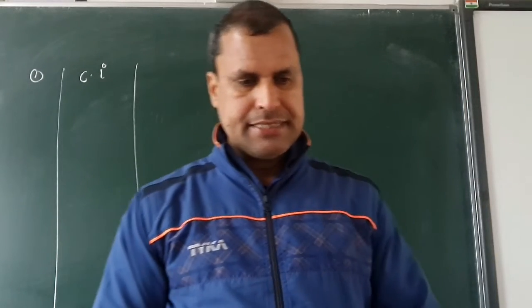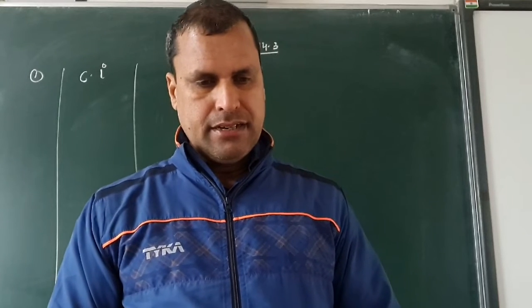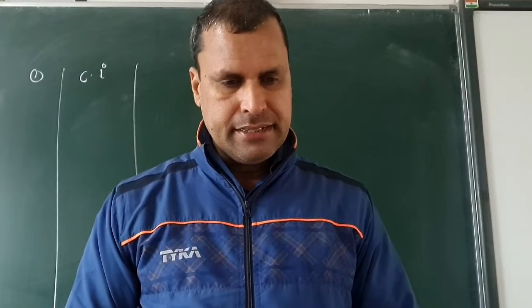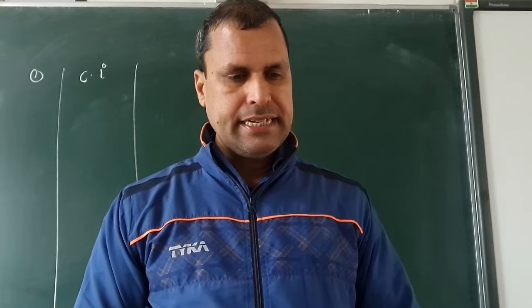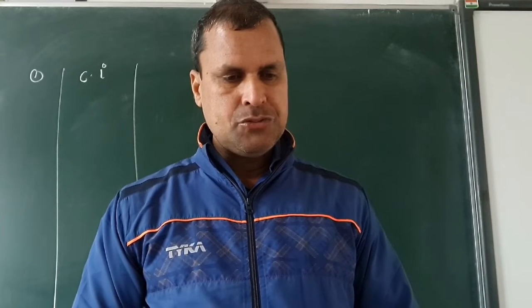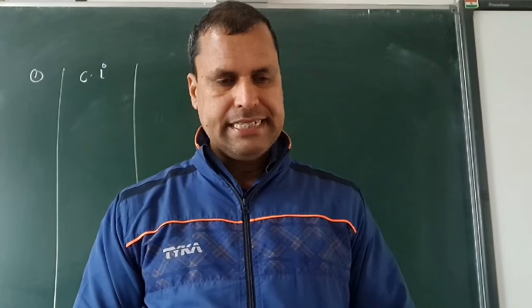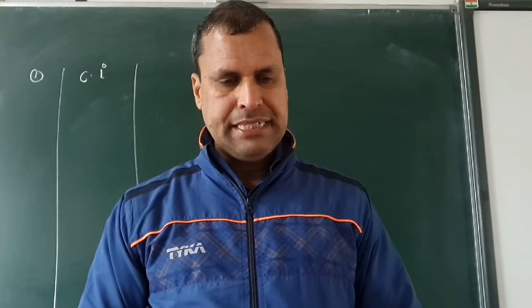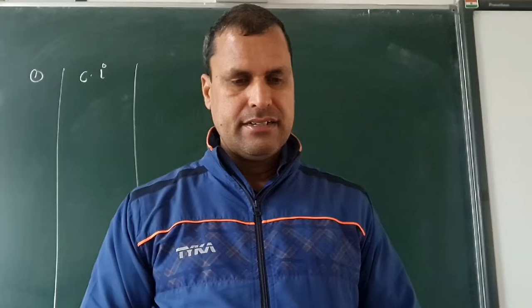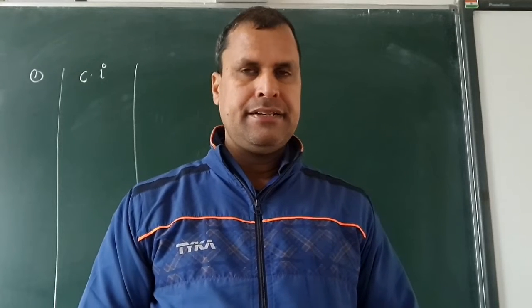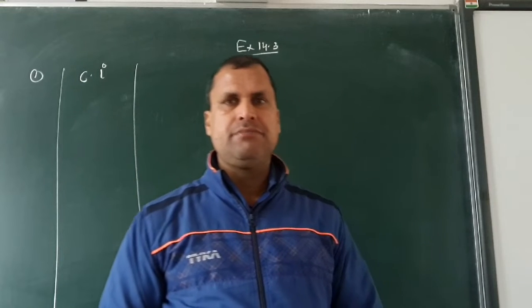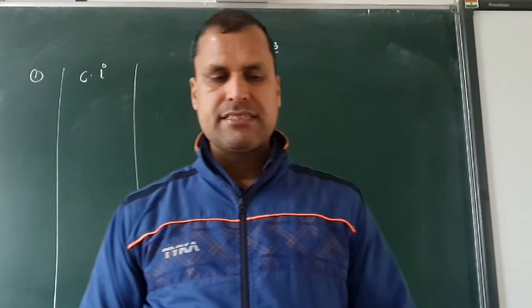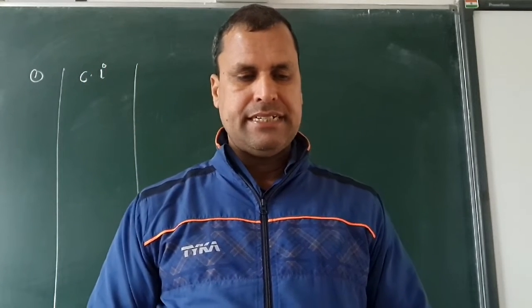The following frequency distribution gives the monthly consumption of electricity of 68 consumers of a locality. Find the median, mean and mode of the data and compare them. We already explained how to find the mean and mode, so today I will discuss only the median.